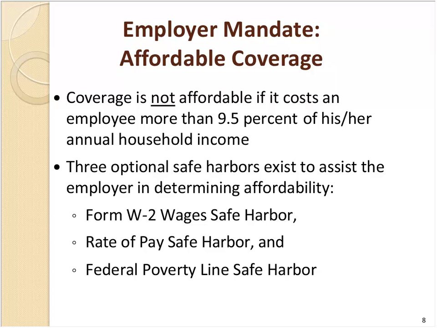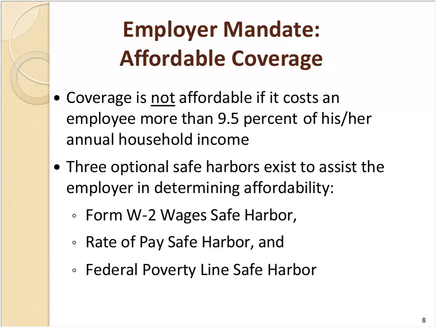If the employer has complied with any one of these safe harbors, then the employer will not have a penalty for that employee, even if the employee does turn out to qualify for a subsidy based on the employee's actual family wages.